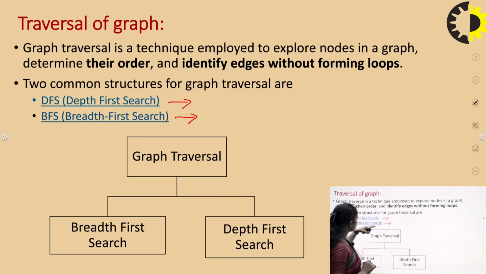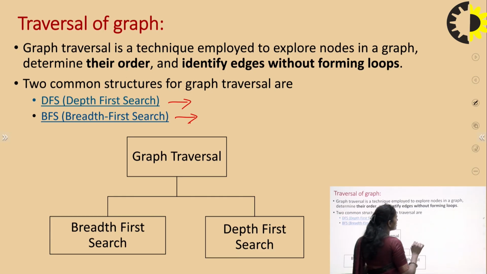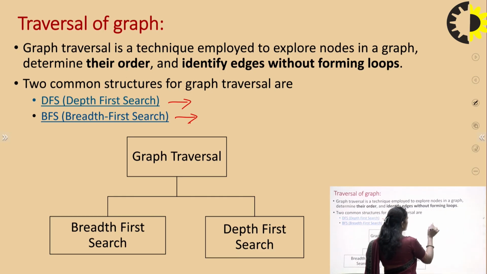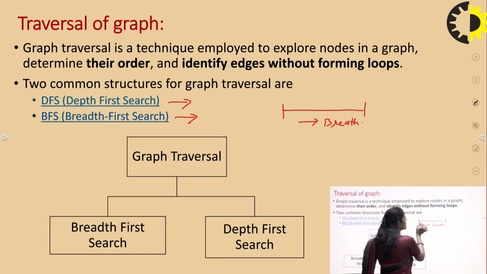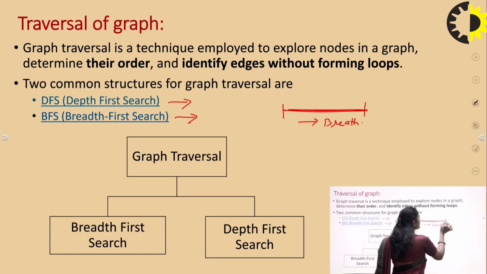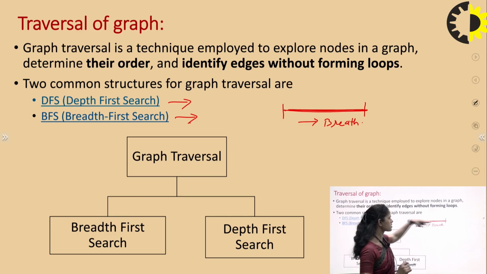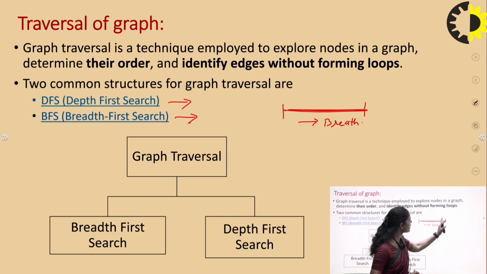As its names imply, I am showing you a simple representation. This particular scenario is called breadth, right? If I am asking a question, this particular implementation is called breadth, and this particular implementation is called, you can say, vertical.